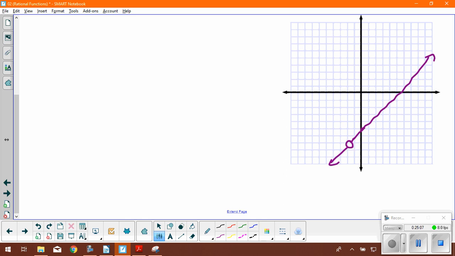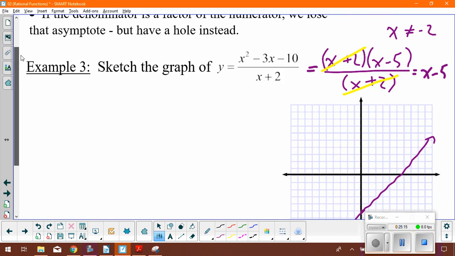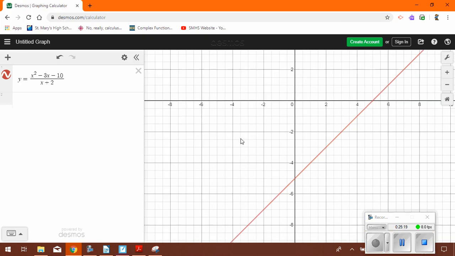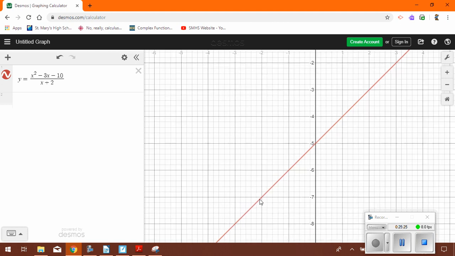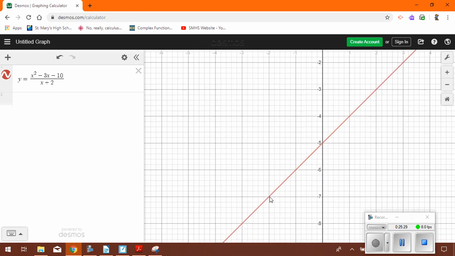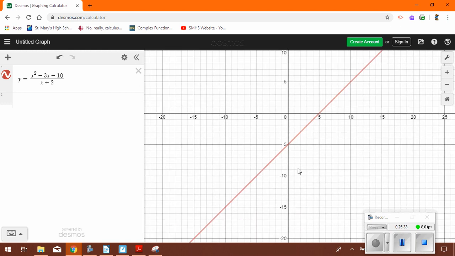And what's actually really interesting about this, just bear with me for one final thing here. If you graph this function in Desmos, you can see it looks like the line that we talked about. It's x minus 5. Now, you don't actually see a hole in here. And if you zoom in, you're never going to see a hole on the graph. You can't really zoom in enough.